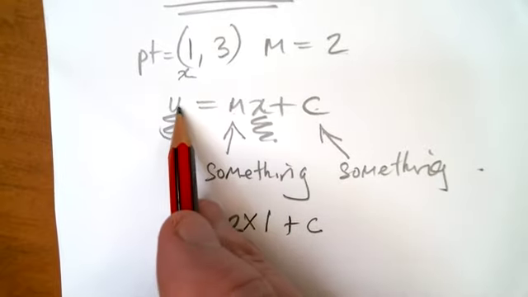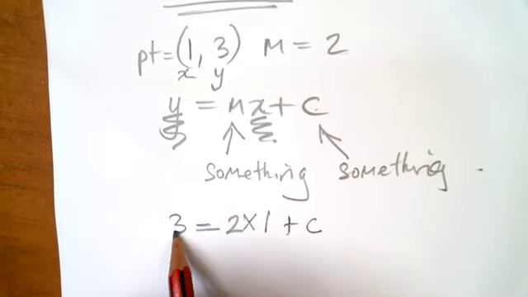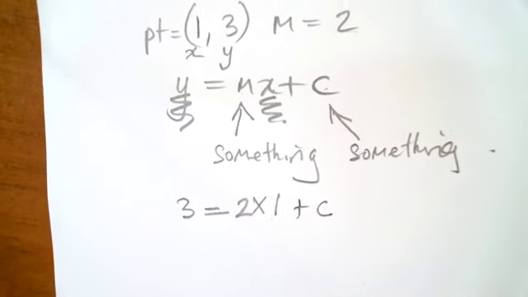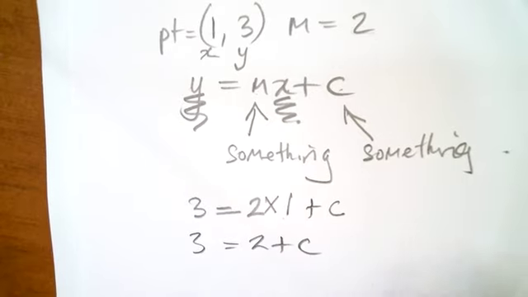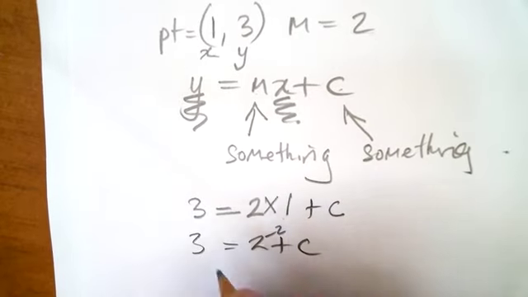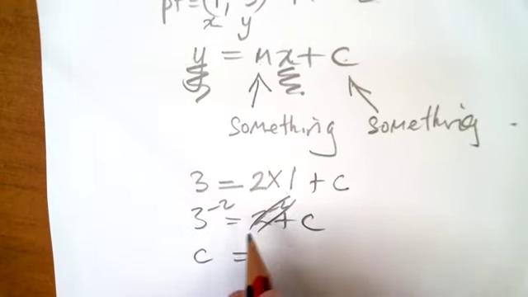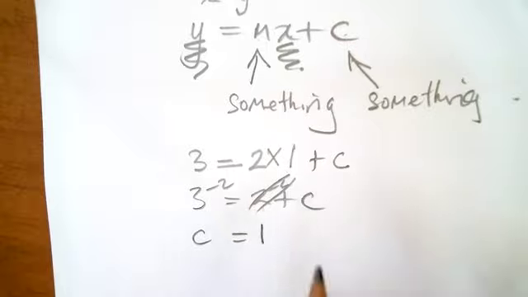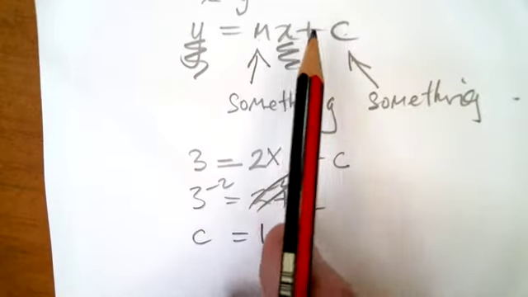What is my y value? Y is 3, so I've got 3 is equal to 2 times 1 plus c. In other words, 3 is equal to 2 plus c. So to find c, I just subtract 2 from each side, and c is equal to 3 minus 2, which is 1. So now we can write the whole thing. We're going to write y is equal to m x plus c.